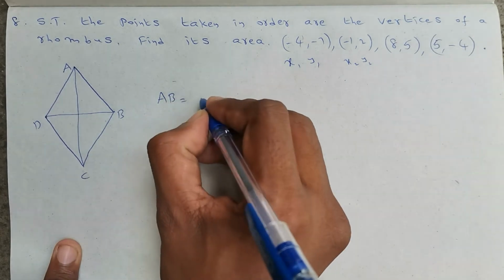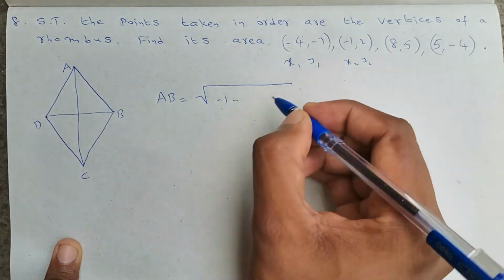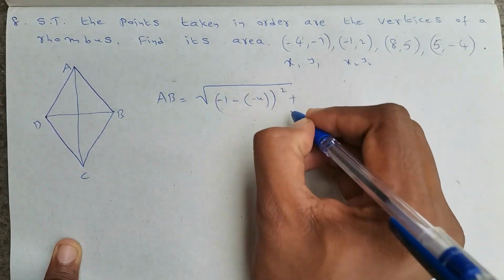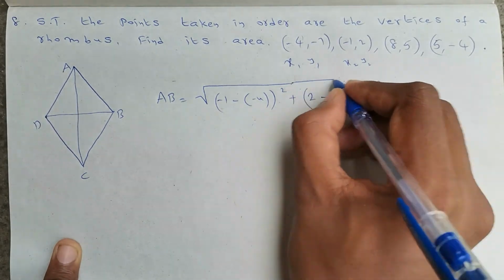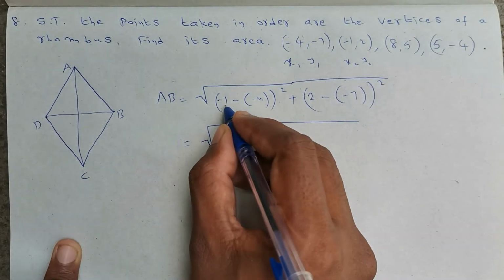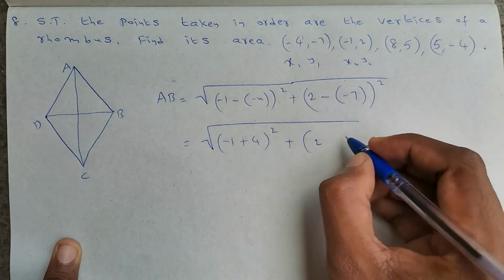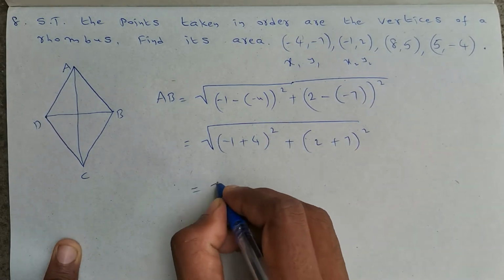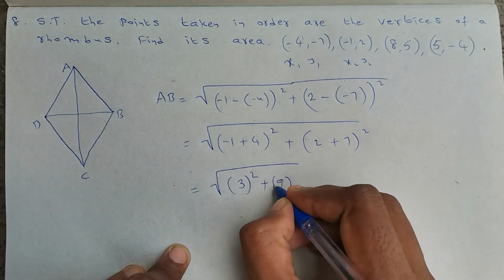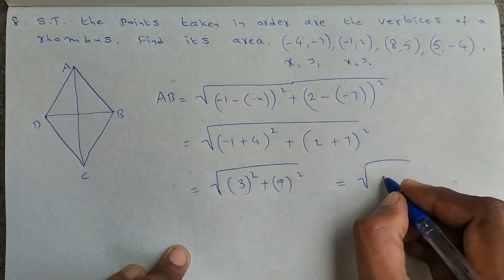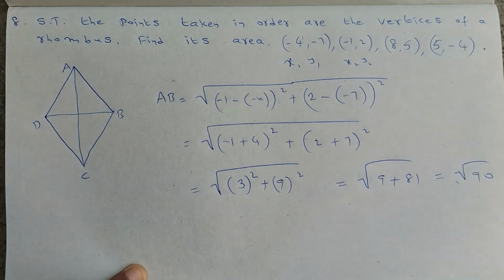So AB is equals to under root x2 minus x1, that is minus 1 minus of minus 4 whole square plus y2 is 2 minus y1 is minus 7 whole square, is equals to under root minus 1 plus 4, 3 square plus 2 plus 7, 9 square, is equals to under root 3 square is 9 plus 9 square is 81, is equals to root 90.